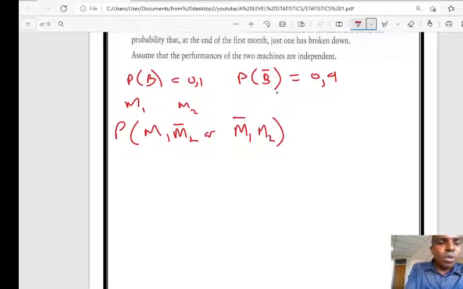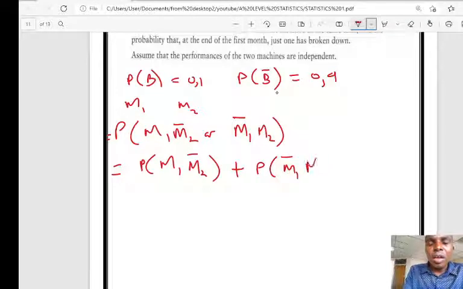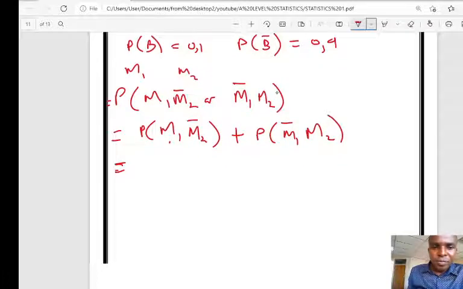If we simplify this, it will be the probability of machine 1 working and machine 2 not working, plus the probability of machine 1 not working and machine 2 working.